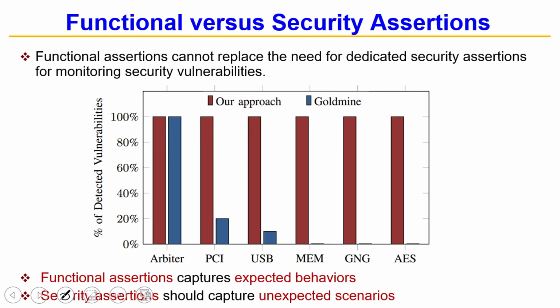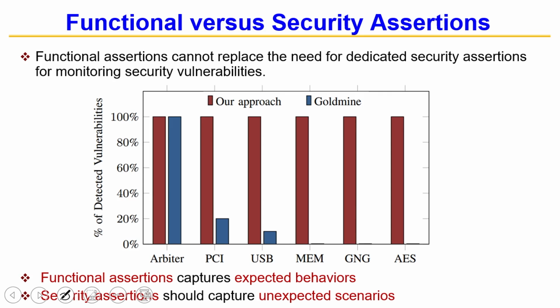So, we inserted some vulnerabilities, generated lots of assertions using GoldMine, and ran them just to see how many of them are covered. There are two approaches. One approach, which I talked about earlier, is specifically for scenarios like permissions and privileges: you generate assertions to monitor security vulnerabilities.